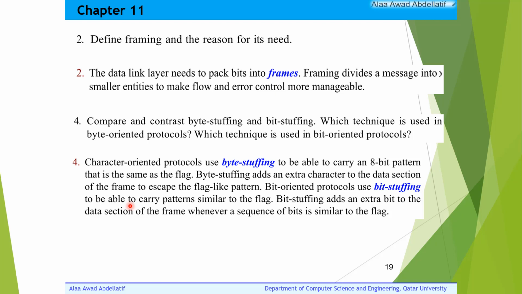In this case, if I have consecutive ones, I will add an extra zero to differentiate between the consecutive ones inside the data and the flag. For each 5 ones, I add 1 bit of zero.